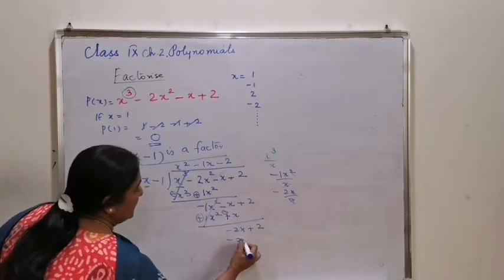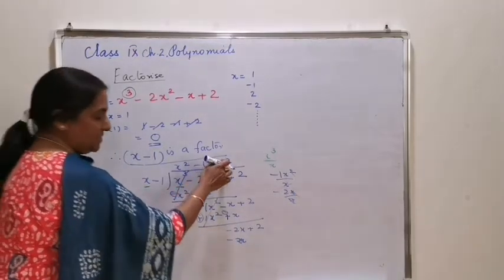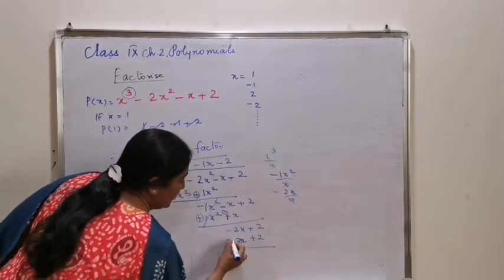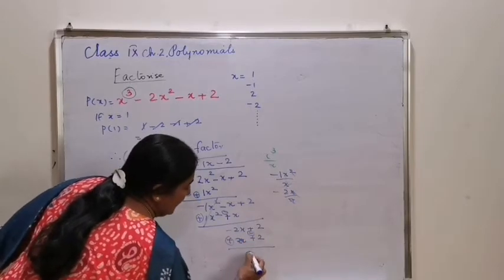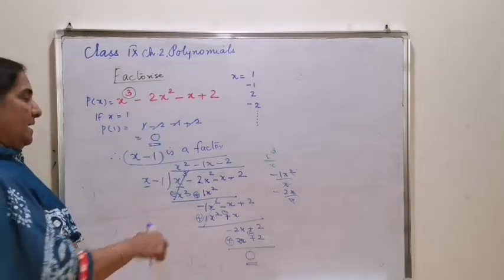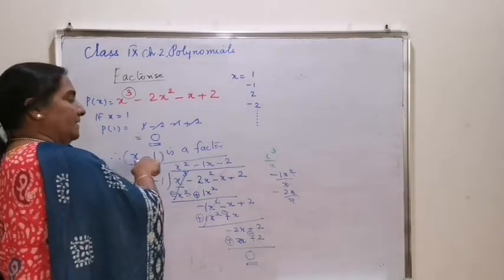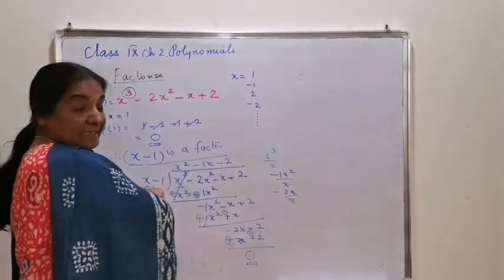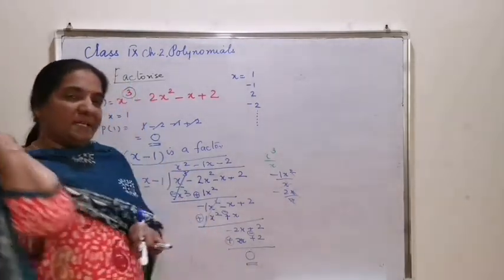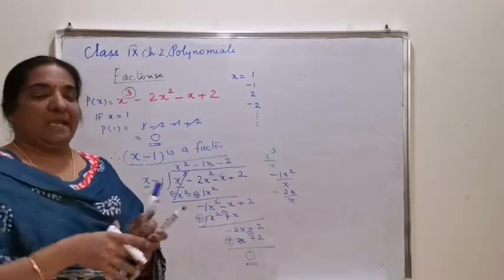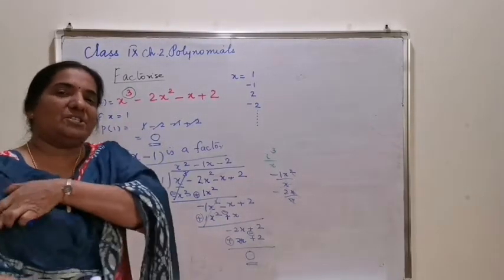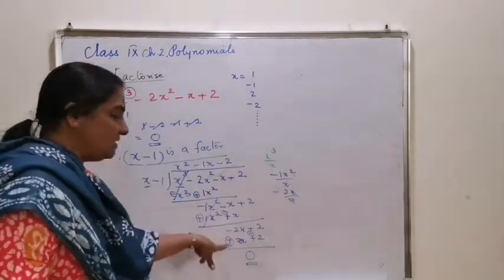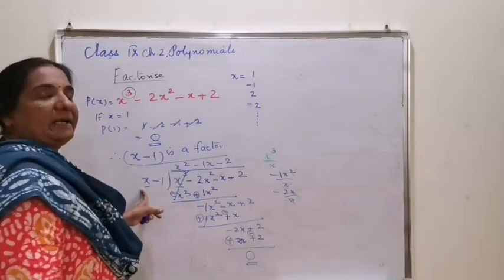Minus 1 into minus 2 is plus 2. By changing the sign, the remainder is 0. If the factor you have taken here is a correct one, definitely the remainder will become 0. In case the remainder is not 0, either your division is wrong or the factor you have taken is wrong.